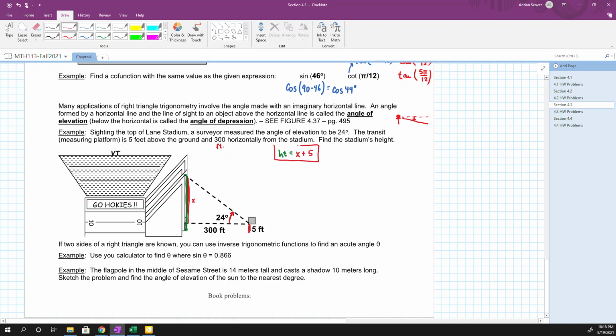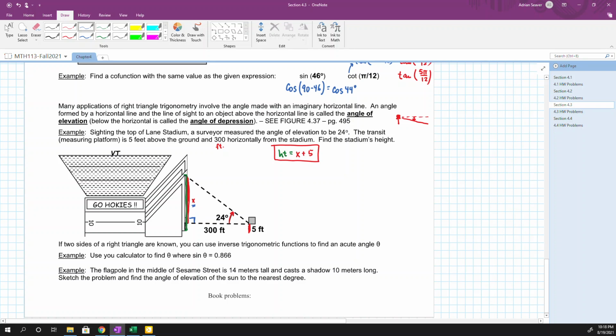Now I can figure out what x is, and it's all based on this triangle. We have an angle of 24 degrees. We have an opposite side, which we're letting be x, and our adjacent side is 300 feet. So I have an opposite side and an adjacent side, not a hypotenuse.